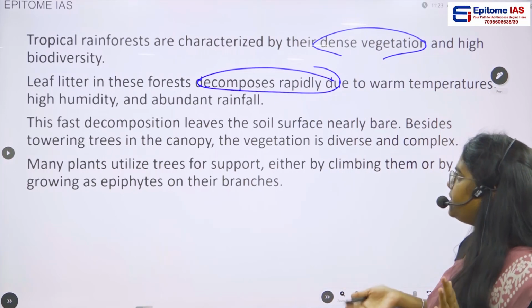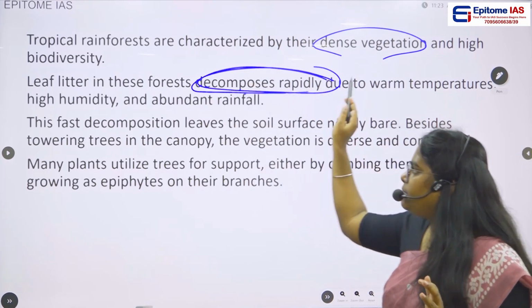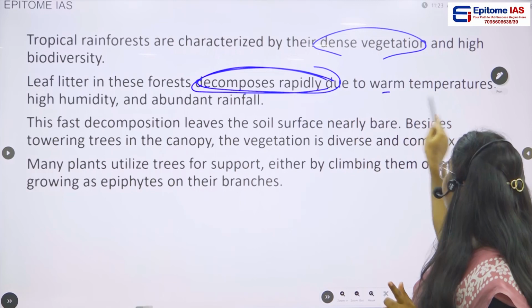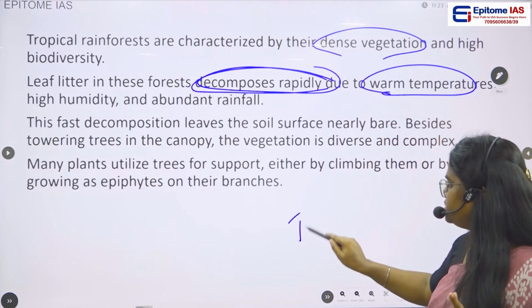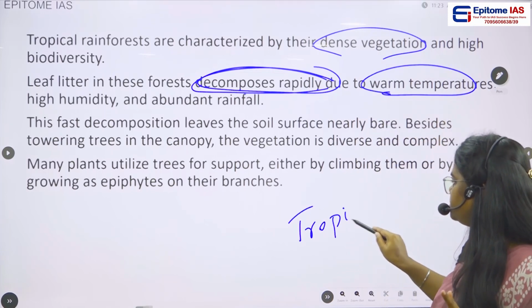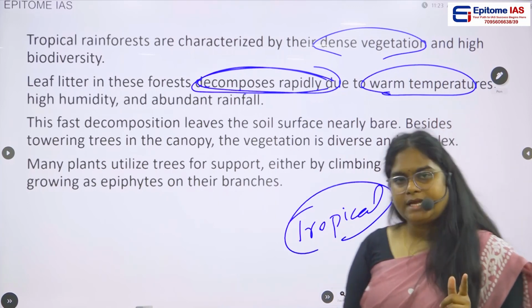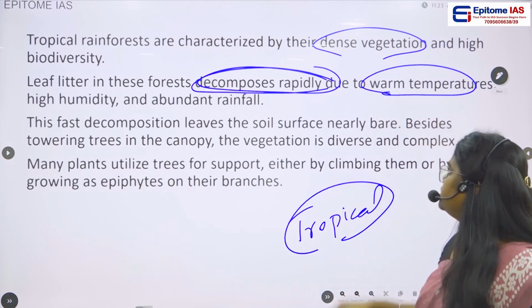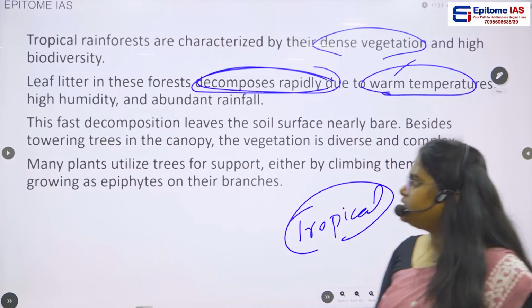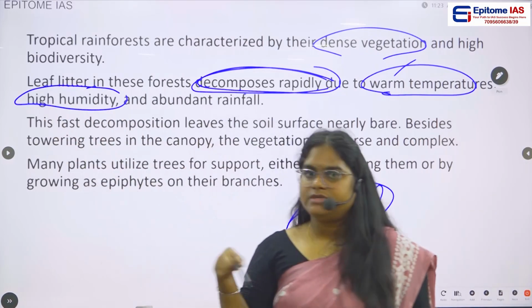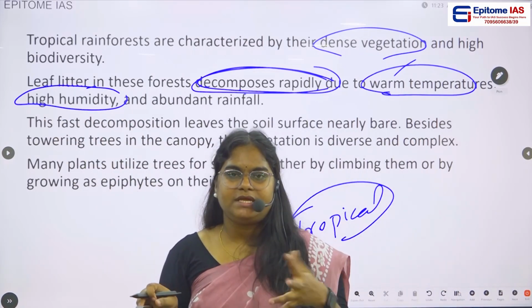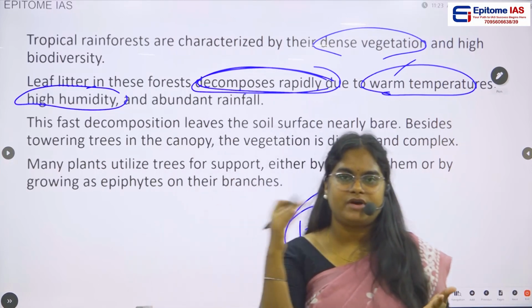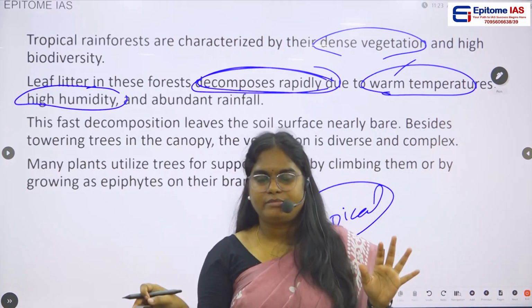And why is the decomposition happening very fast? Because of the warm temperature, since it is present in the tropical region. Obviously it is getting more sunlight compared to other areas, so it has a warm temperature. Then high humidity. As we know, in the equatorial and tropical areas, because of high insolation, a high amount of evaporation takes place.